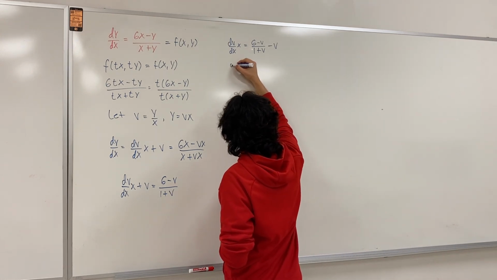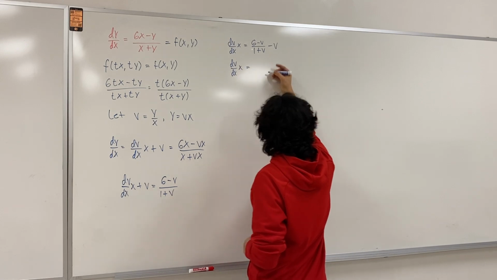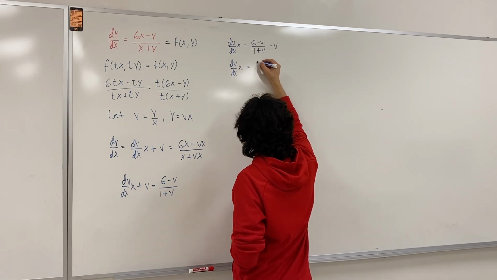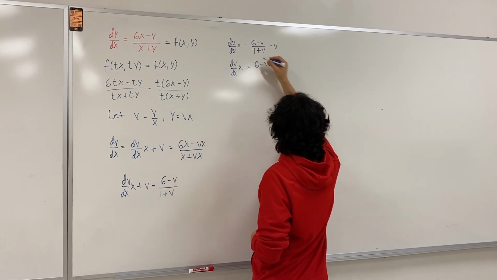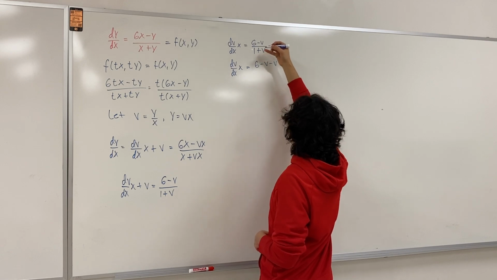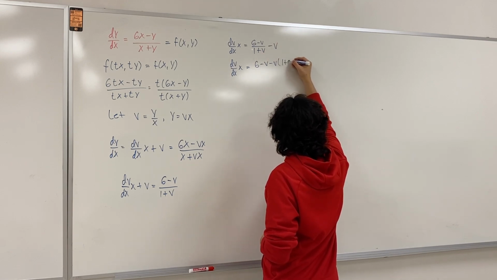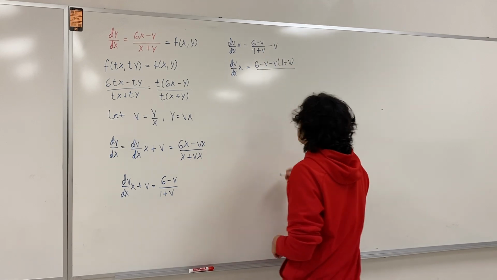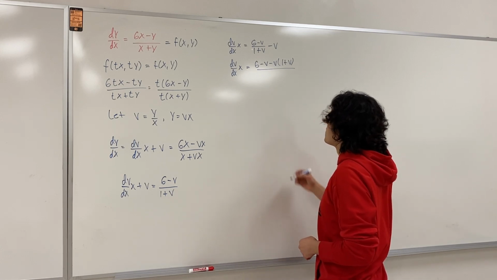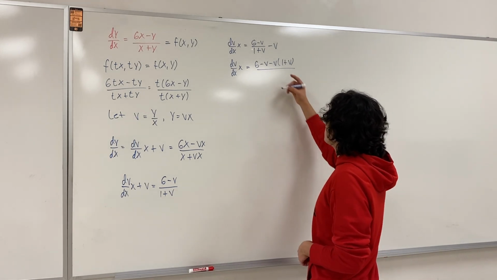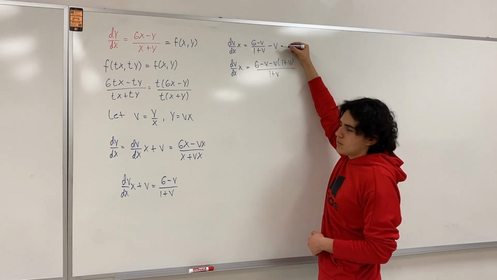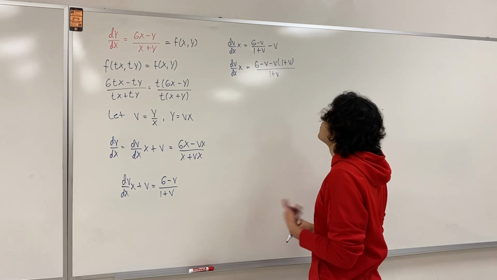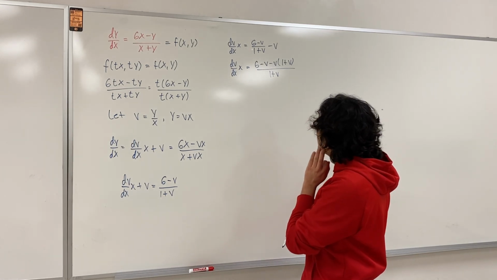This is going to be 6 minus v, and then minus v times (1 plus v). So I'm going to write out the entire thing and not try to force you to understand what I'm saying just based on words. I'm going to write the expression. So you just multiply the numerator and the denominator of this term by 1 plus v, okay? I hope you're familiar with that. And then let's see what we get.